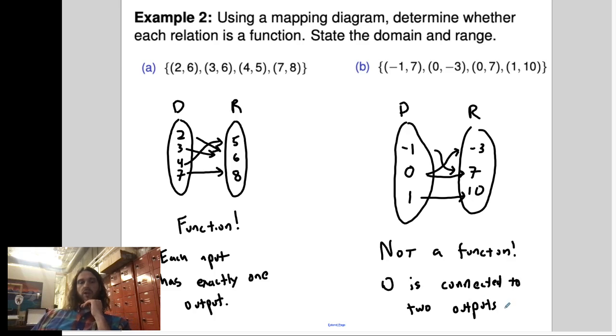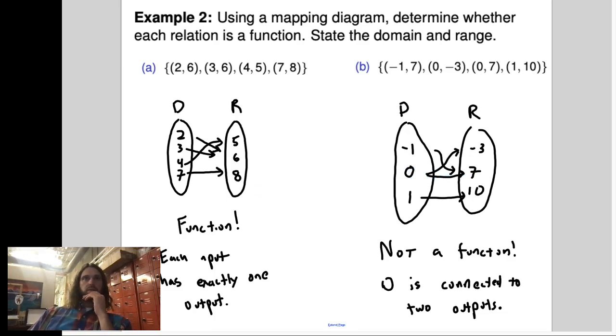Yep, 0 goes to 2 different outputs. Bingo. All right, super. Not a function because 0 is the problem. All you have to do is look for an element of the domain that goes to multiple elements of the range. And then you'll know that it's not a function.